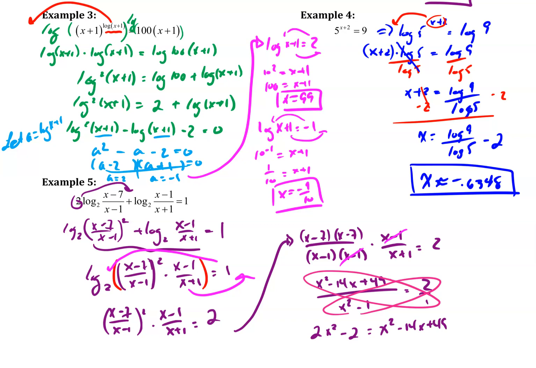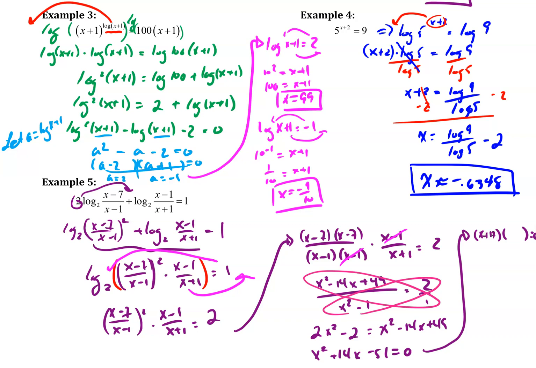The only thing I can do here is get everybody to one side, right? So I subtract everything over from the right side and make it to the left. So it's going to be x squared plus 14x, and that's going to be minus 51, all equals 0. That's something that I can factor. So if I factor that, let's see, 51, that would be what, 17?